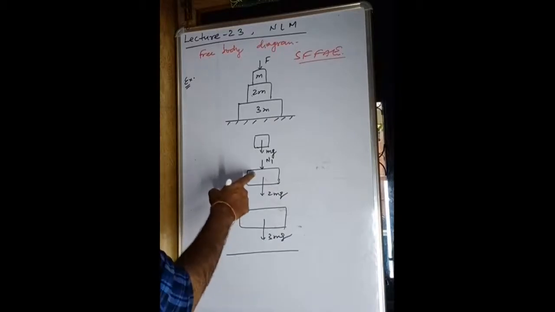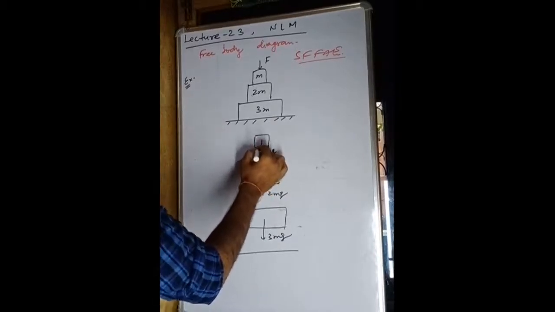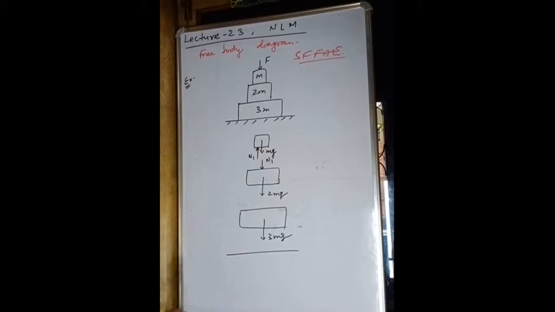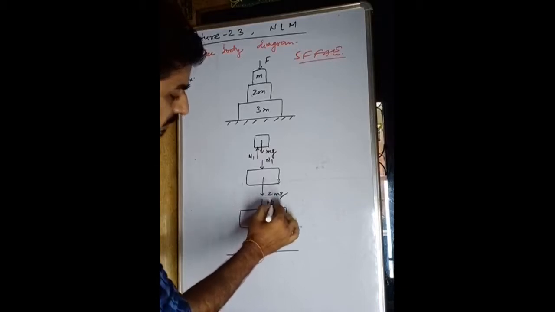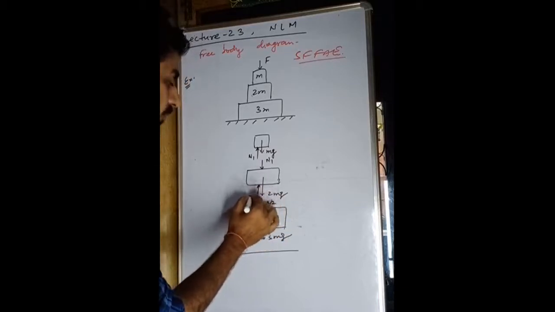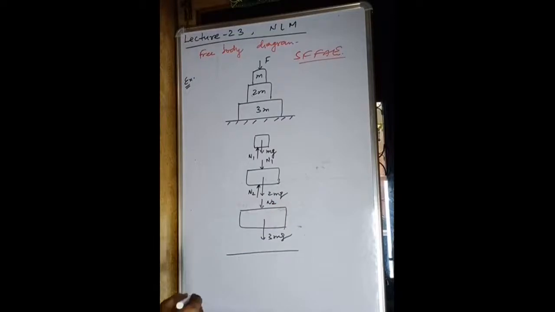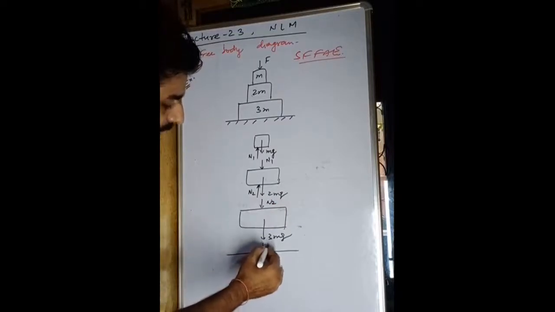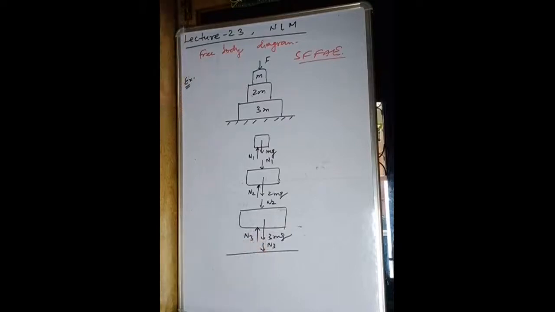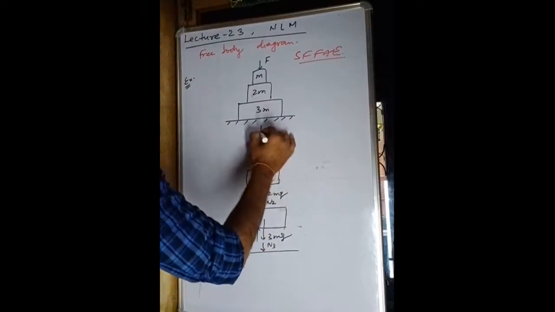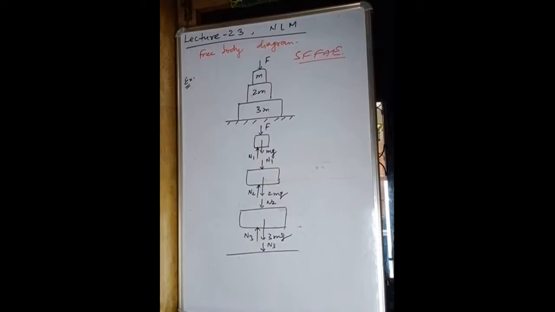Of course, this body will also apply a contact force, N1. Now, this 2 mg acts on this one, suppose it is N2, and this will apply the same force N2. And this 3 mg applies N3 here, and it will experience a force N3. And there was a force F from above on the M, so we have applied it.